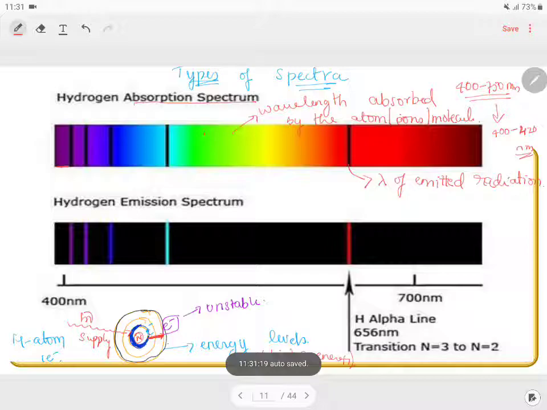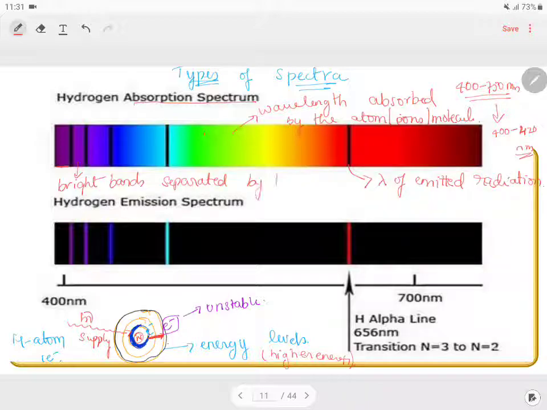That is a characteristic of absorption spectrum. This is a bright band, and these are known as dark lines.